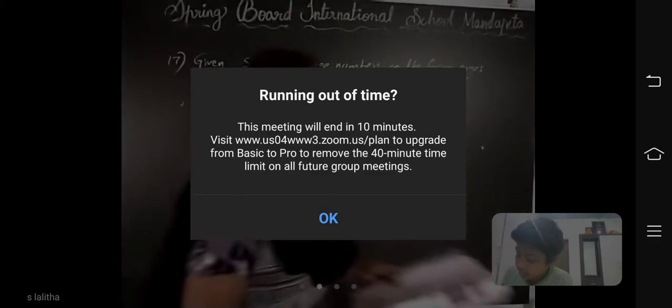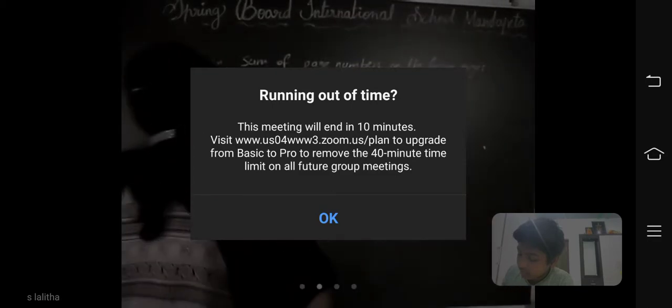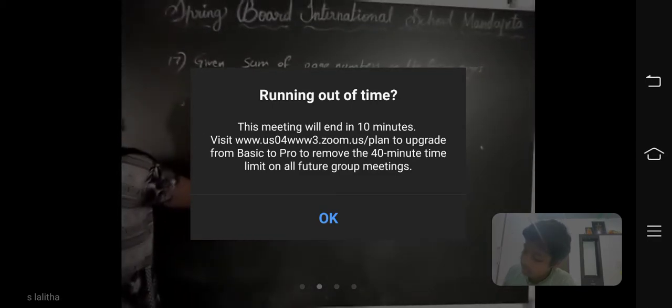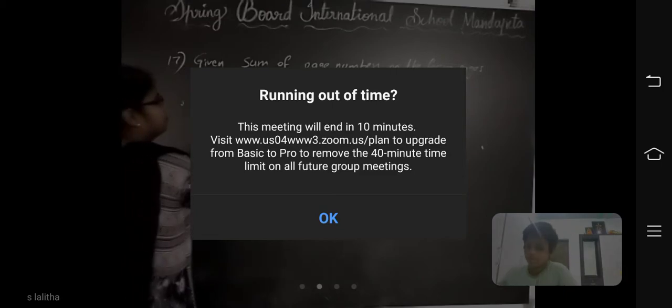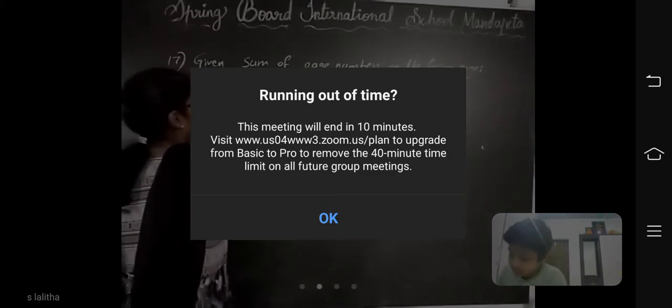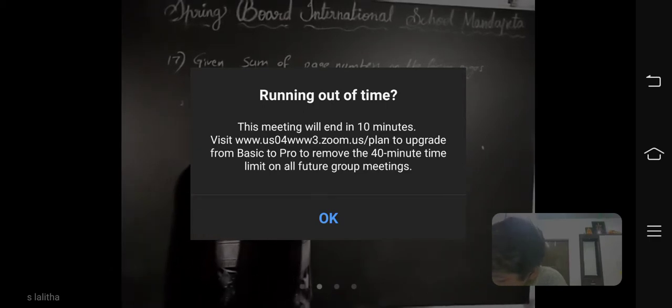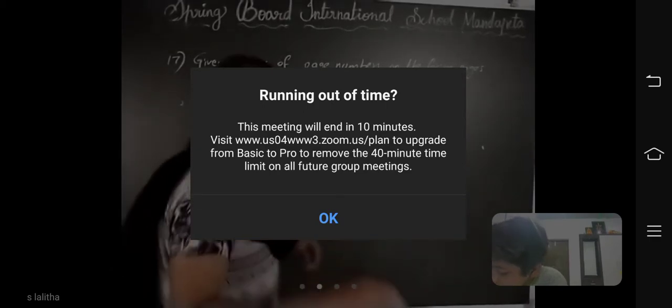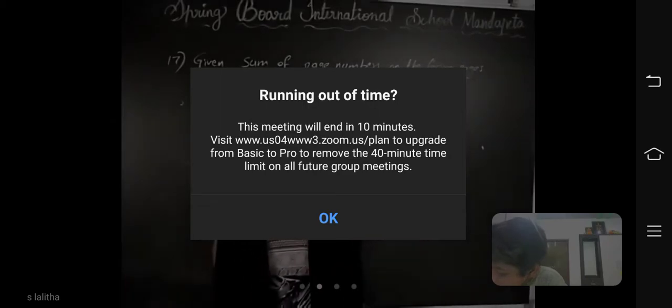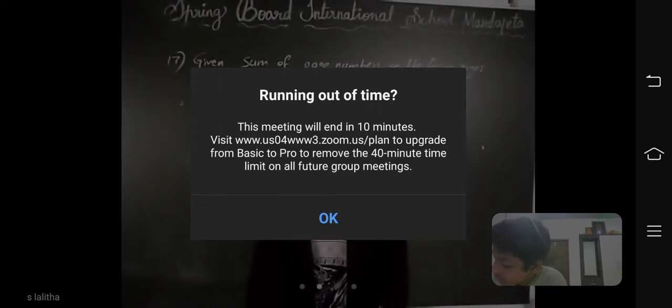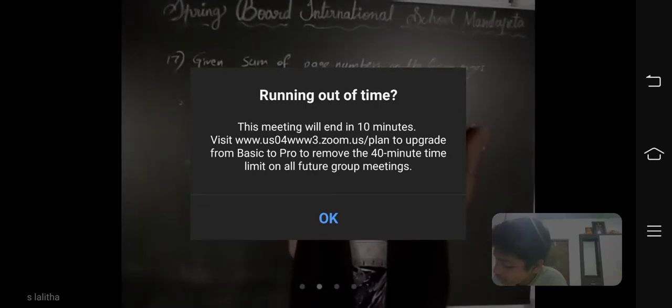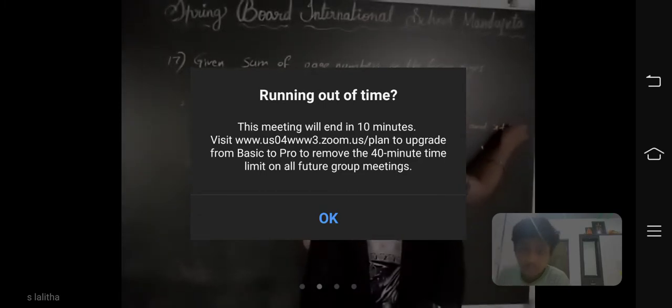So let the page numbers of the open pages be x and x plus 1.